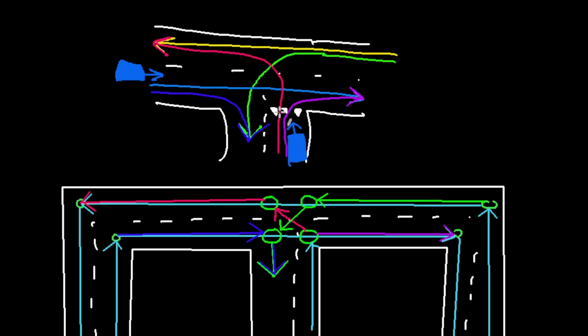So you come from here, you see these teeth on the ground. That means you have to stop, or, well, you have to see if there are other cars coming, and you stop if there are other cars here. So this guy has to stop to let this guy pass here. And it's also true if there are cars coming from this way, but let's focus on this first.